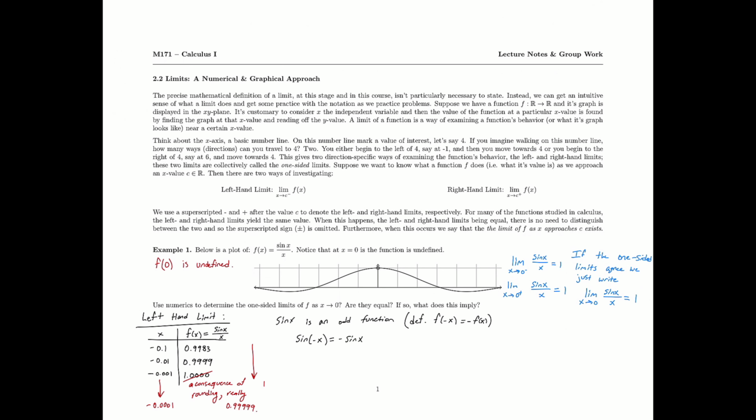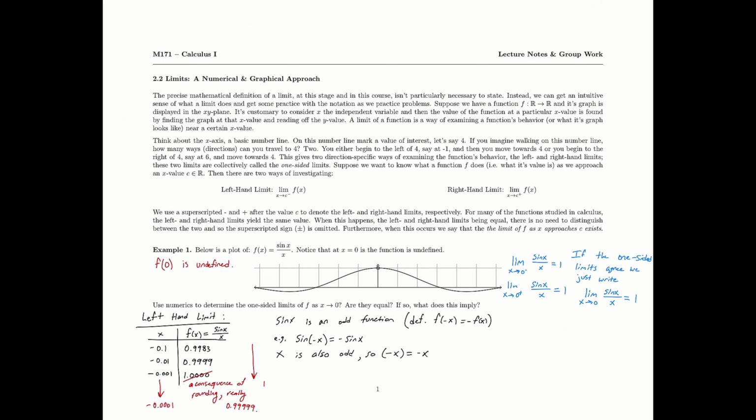And it just so happens that the denominator, x, is also odd. So negative x is equal to negative x. That sounds really dumb when you say it, but it's true. Therefore, it's an odd function.